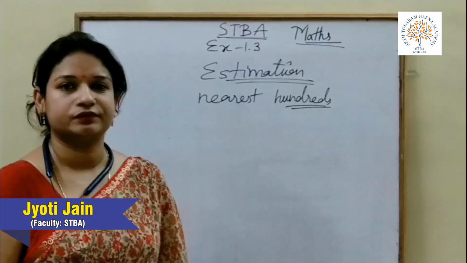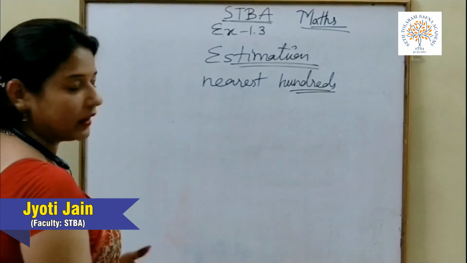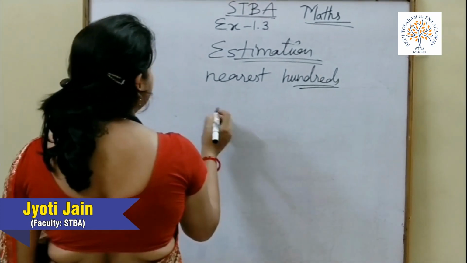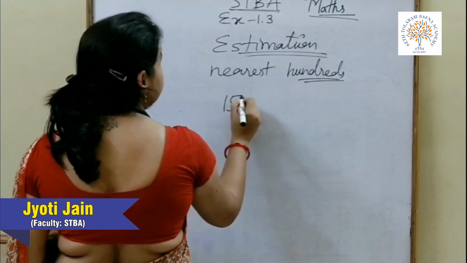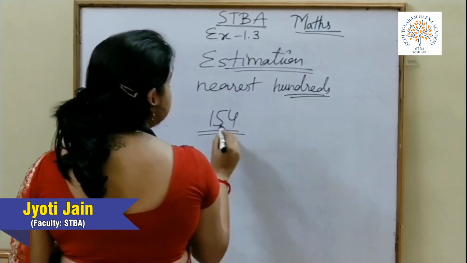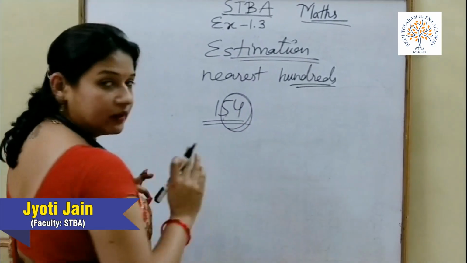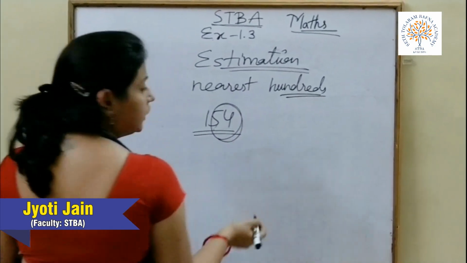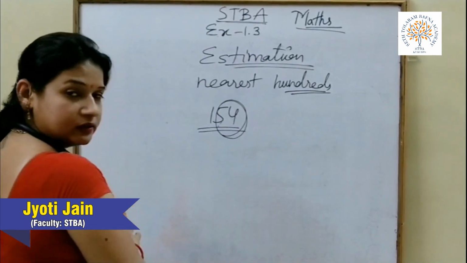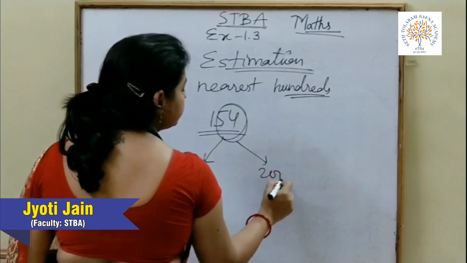Next is nearest hundred. Just like nearest tens, suppose any number, 154. If the last two digits of a number are less than 50, that number will be converted into the previous 100. So this one is 100 and 200.